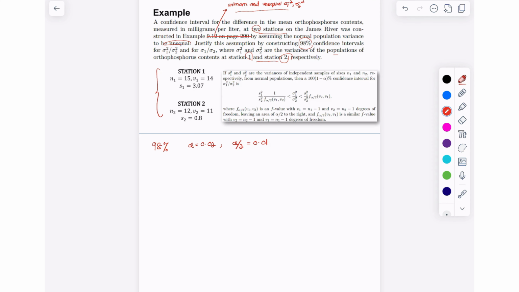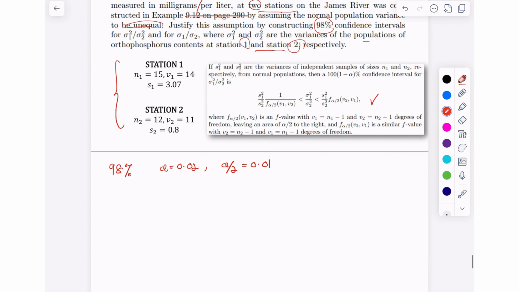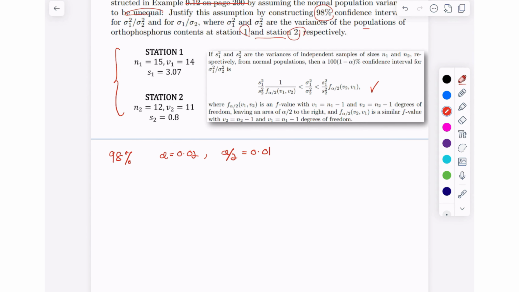So we can apply this formula. We have S1 square over S2 square, that is 3.07 square divided by 0.8 square, multiplied by 1 over F alpha over 2, that is F 0.01 with degrees of freedom 14 and 11.